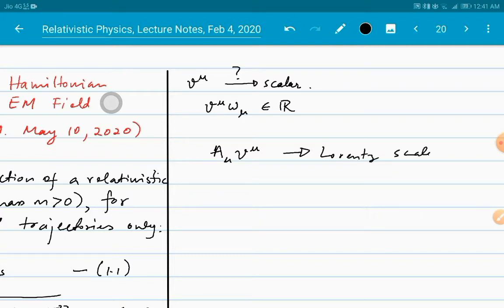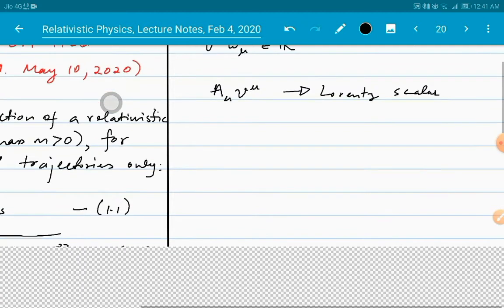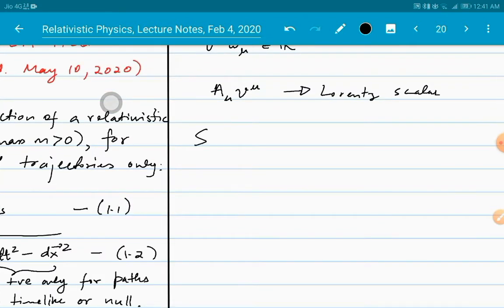And using this Lorentz scalar, now we can write down an action for our particle interacting with the gauge field. We will write that as, let's say, S_EM equals the integral of A mu V mu, where the integral is done along the world line of the particle, and there will be some coupling constant which turns out to be equal to the charge of the particle divided by the speed of light.